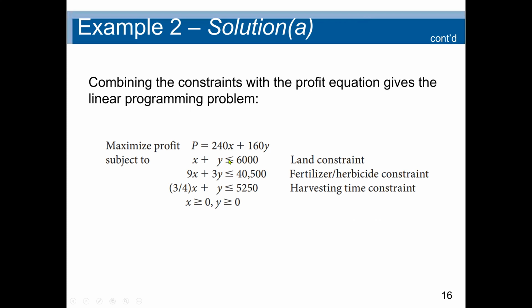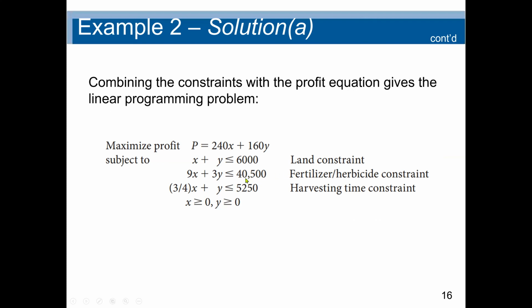So now we are finished. In the previous example, they gave us all these equations, the objective function and also the constraints. But here, based on the application, we know the total available land. X stands for the acres for corn. Y stands for the acres for the soybeans. And we also know the fertilizer available is 40,500 gallons, and the hours of time available is 5,250.